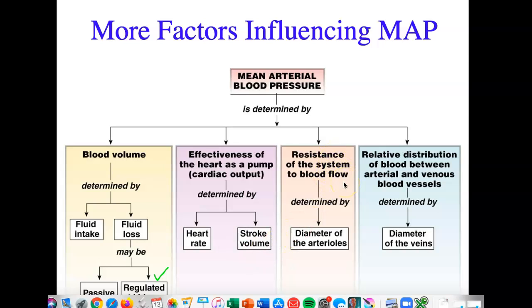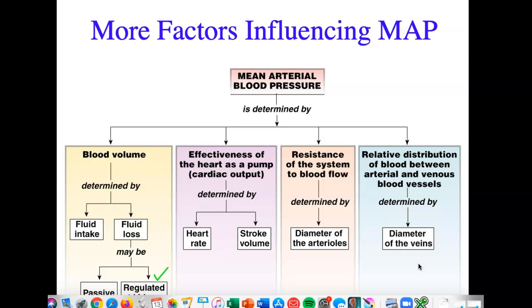Resistance of the system to blood flow. So that's peripheral resistance, determined by the diameter of the arterioles. And then the relative distribution of blood between arterial and venous blood vessels, determined by the diameter of the veins. So do you remember this? We went over this previously, where we were talking about what percentage of the blood is in the heart at any one time, what percentage is in the muscles, what percentage is distributed through the body.